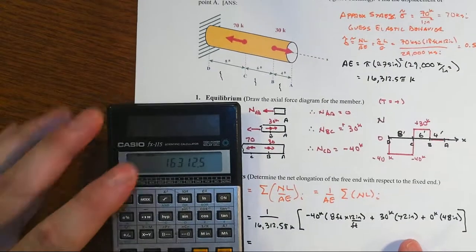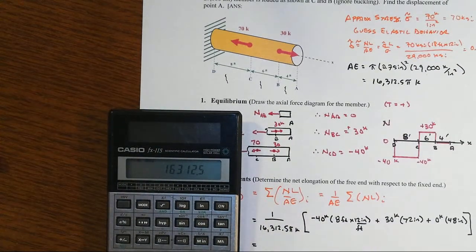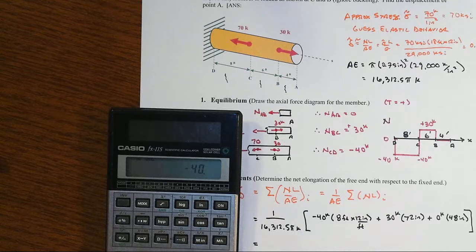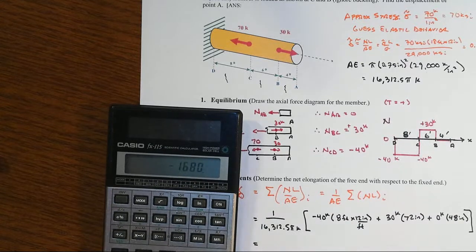Right? So I've got the 16,312.5 pi, well, just the 312.5 is in memory, and so now we've got 40, negative, times 8 times 12 plus 30 times 72. That's a net of minus 1680 kip inches.